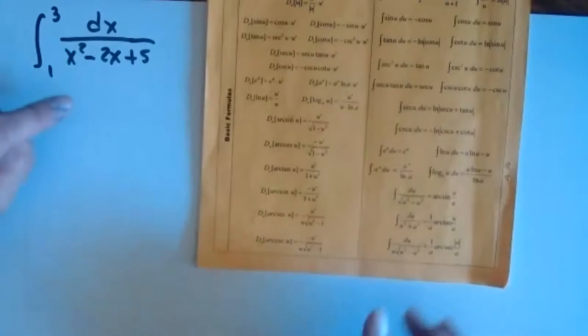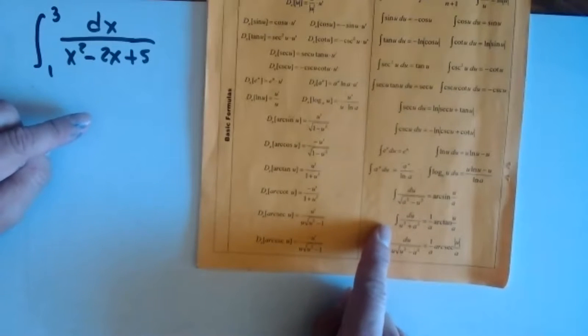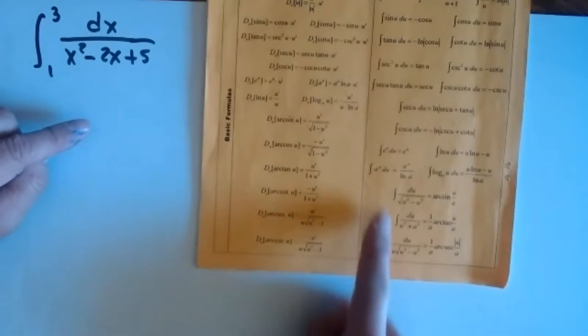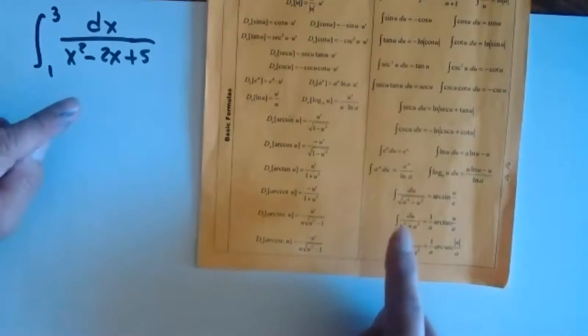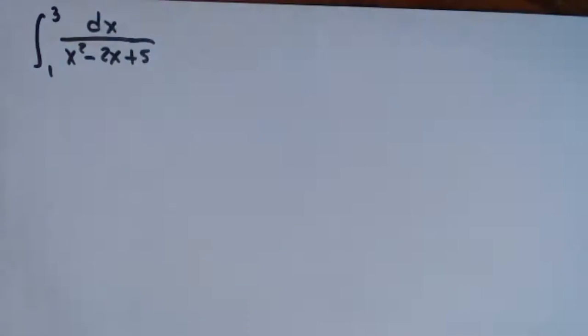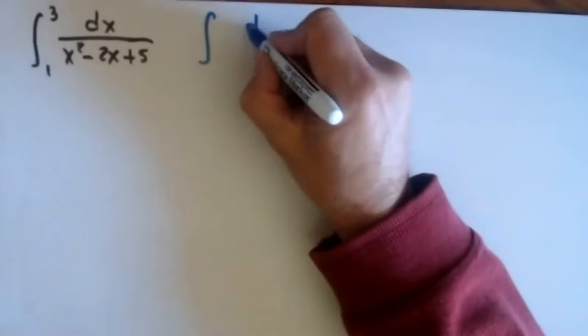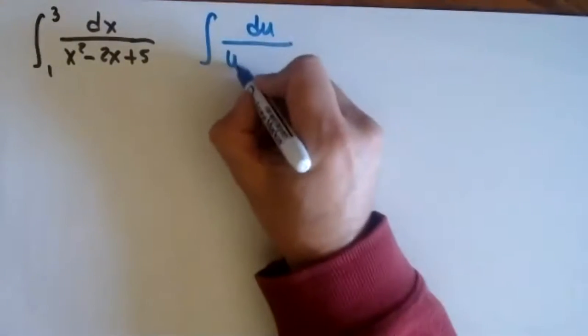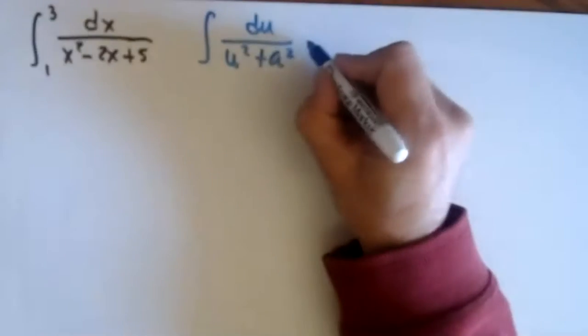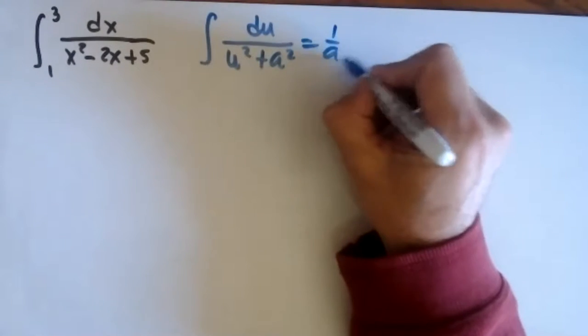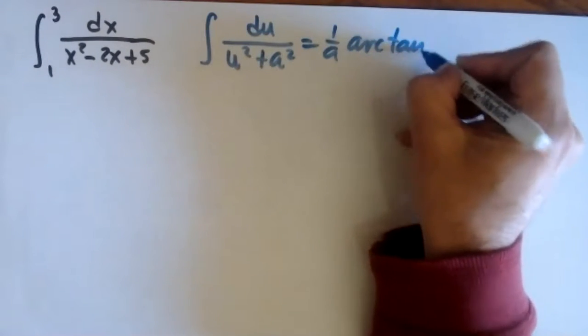Okay, go back to the last one. There is no way out. Has to be this one possibly, because I have radicals here. I have no radicals in the denominator, so I'm going to try to match this again. So I'm going to match the integral du over u squared plus a squared equals my arctangent.